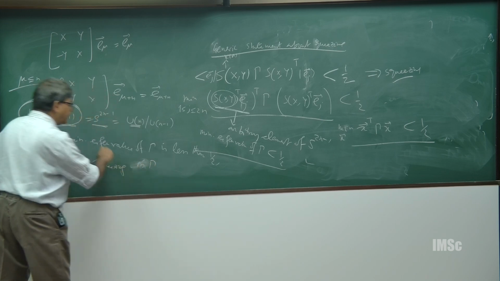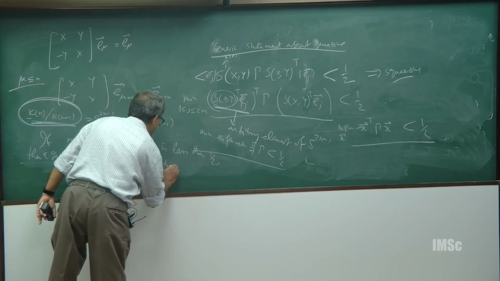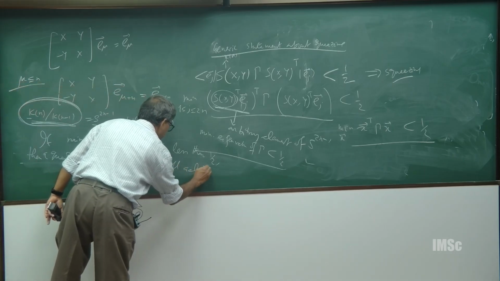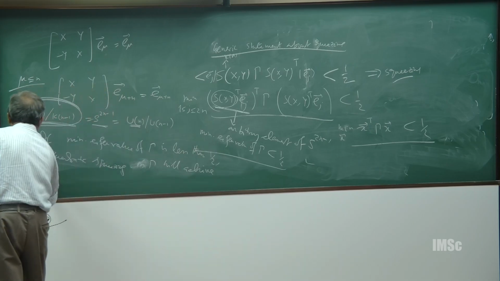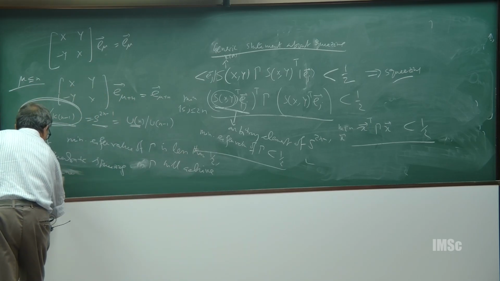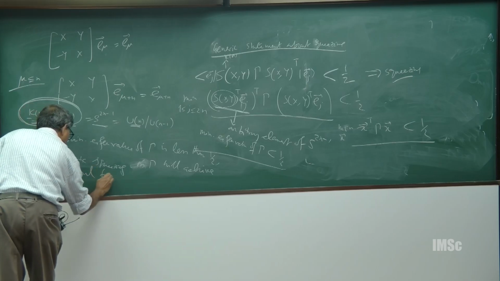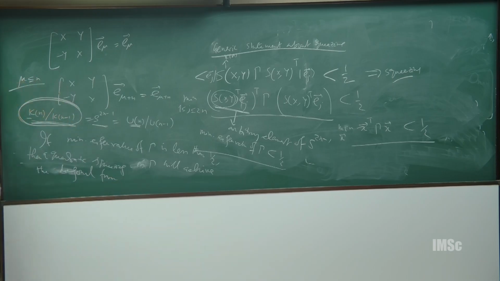When I say on gamma, you will have to look at the corresponding symplectic transformation. It will achieve the canonical form. Canonical form means the diagonal form.